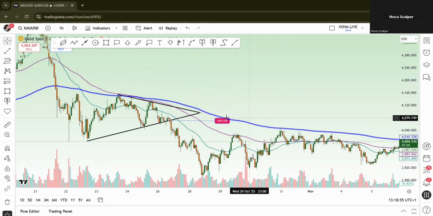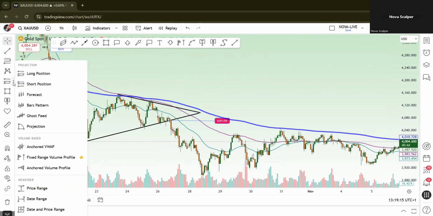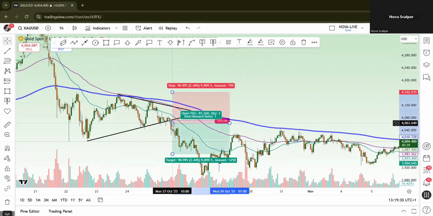All right, by identifying the triangle pattern and having a confirmation candlestick like the powerful bearish one, you can confidently set up a scalping signal with this entry zone. Let me just draw it for you. We will choose the short position, and the open price of the next candlestick will be our entry zone.